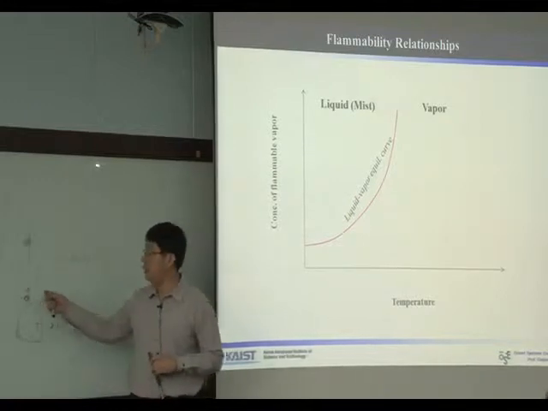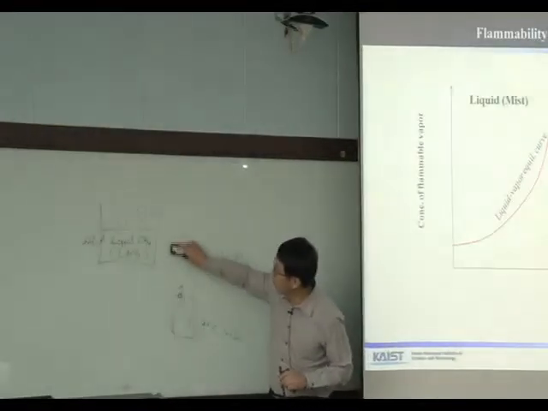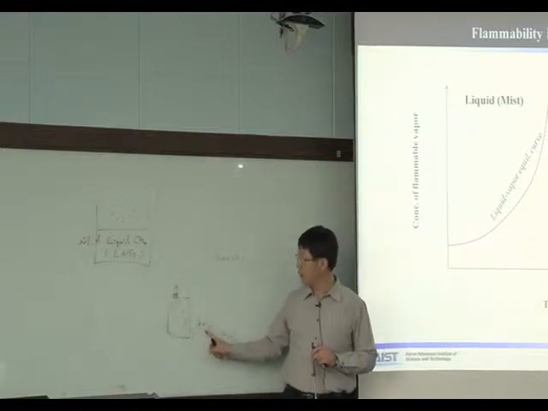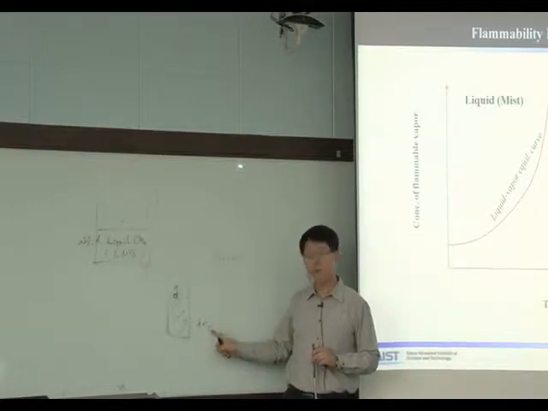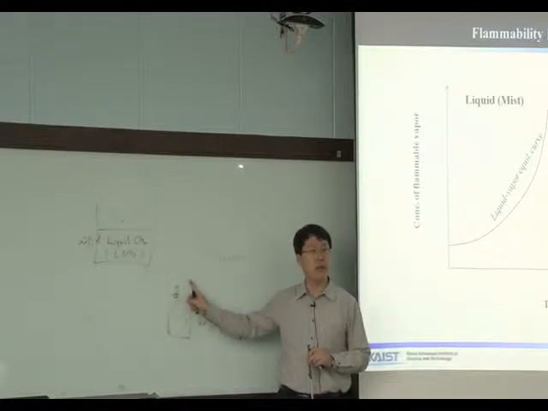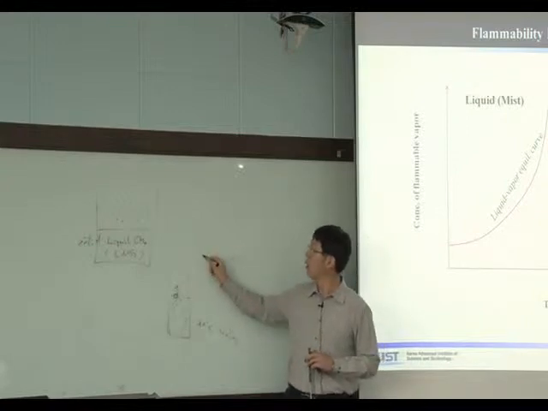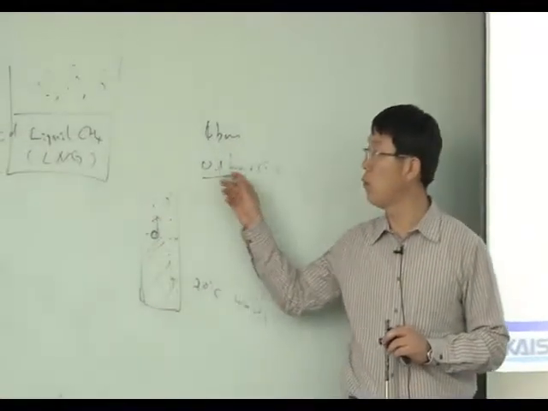What I mean is that if we open the cap of this cup, because the vapor pressure of water at 20 degrees Celsius is 0.1 bar, what is the concentration of water here? 10%, because 1 bar is our atmospheric pressure, and the water should have 0.1 bar.